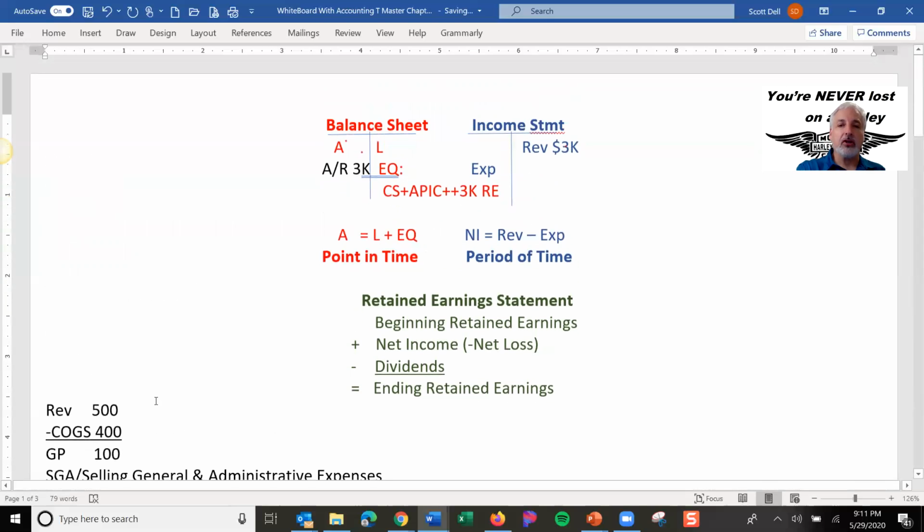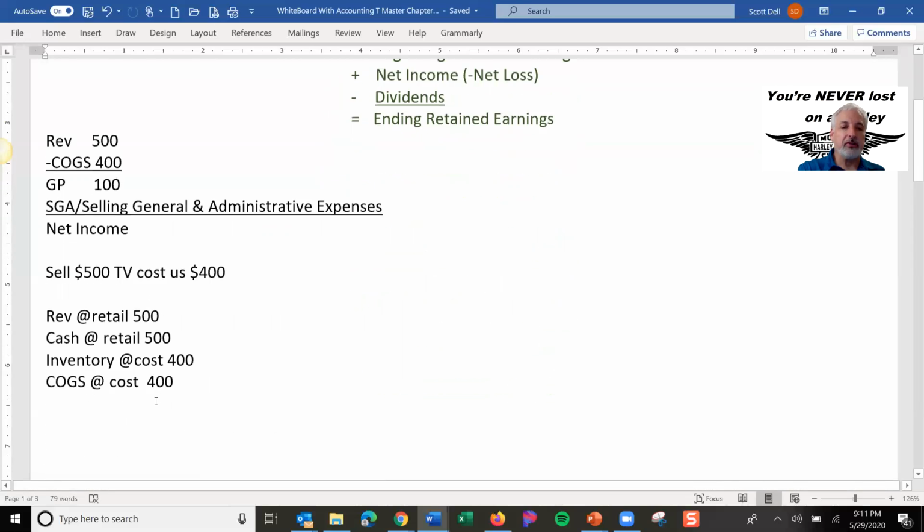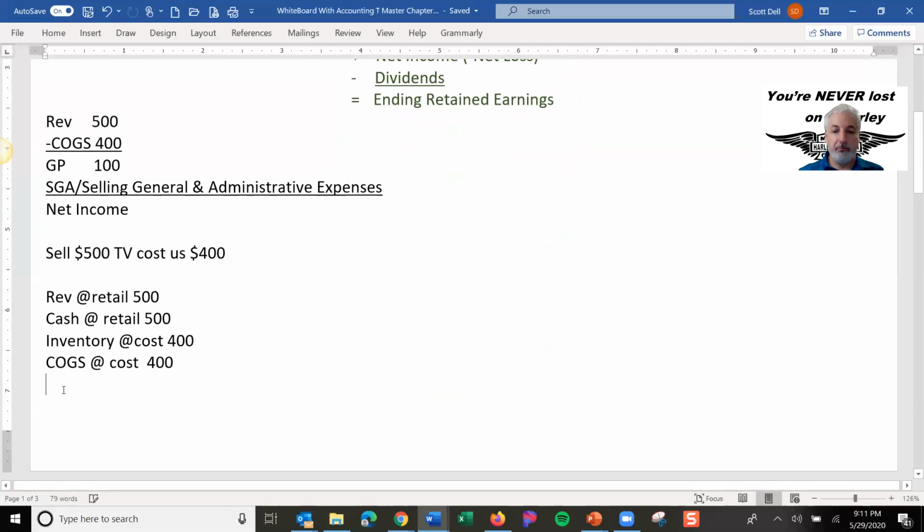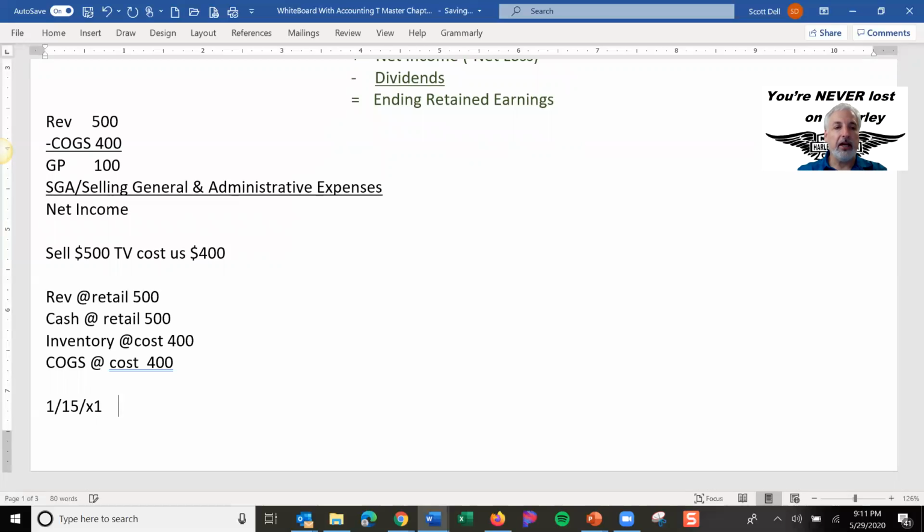Revenue looks like a credit on the right, and cash looks like an asset on the left. So, good form, we're going to put a date: January 15, X1. We said we debit the asset, so cash is going to be debited for $500.